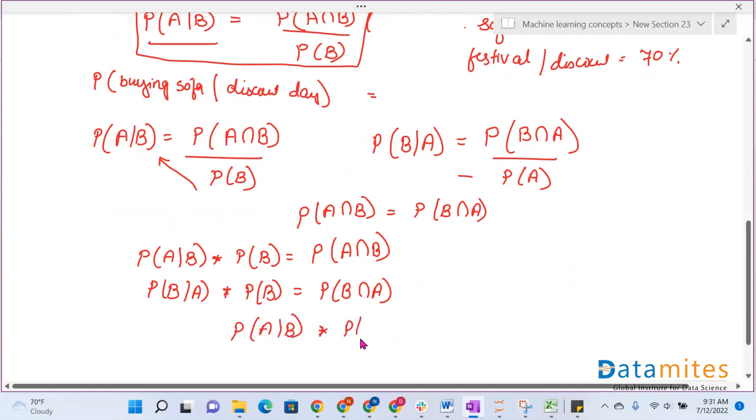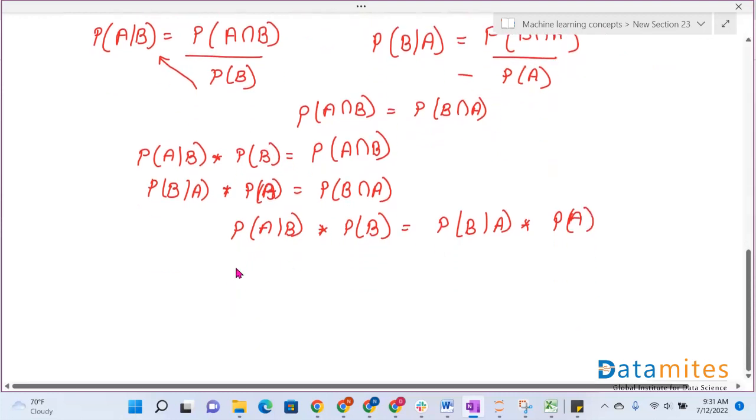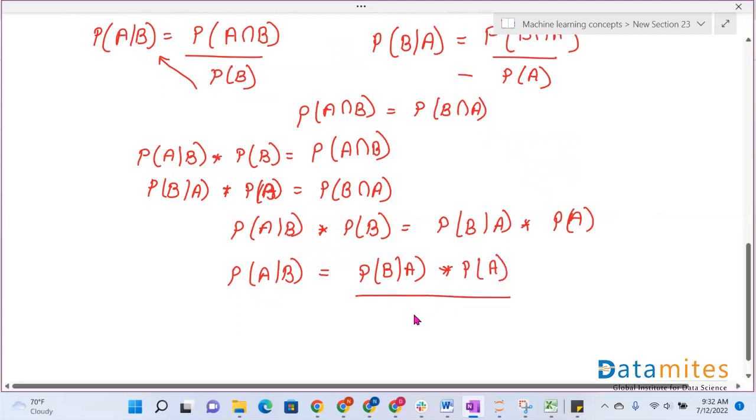The equation becomes: probability of A given B is equal to probability of B given A, the probability of event B with the condition that A has already occurred, multiplied by probability of A, divided by probability of B. This is known as Bayes theorem.